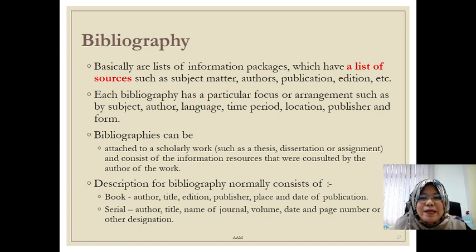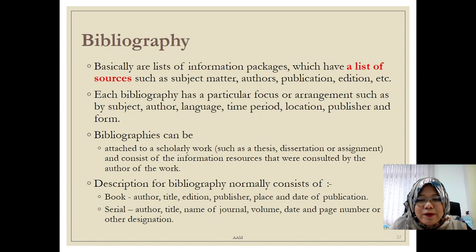Each bibliography has a particular focus or arrangement, such as by subject, author, language, time period, location, publisher, and form. Bibliographies can be attached to a scholarly work such as a thesis, dissertation, or assignment, and consist of the information resources that were consulted by the author of the work.